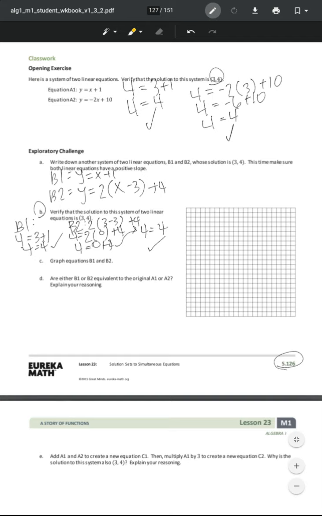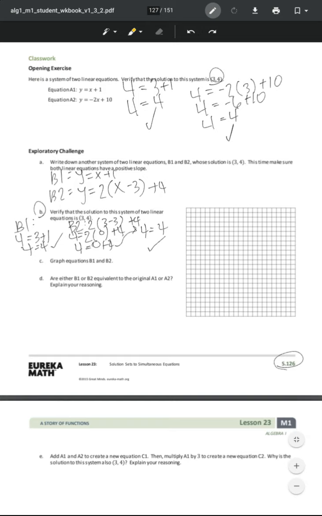So for C, we're going to graph this system. We're going to graph B1 and B2. Let's make our graph lines. And again, they're not going to be perfect, but we're doing the best we can. Okay, so if we graph B1, B1 has a y-intercept of 1.